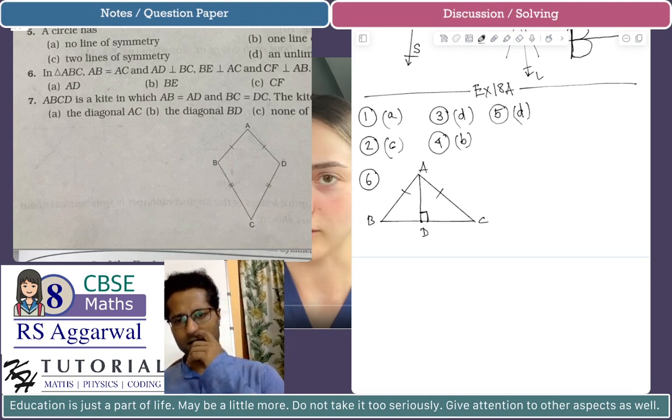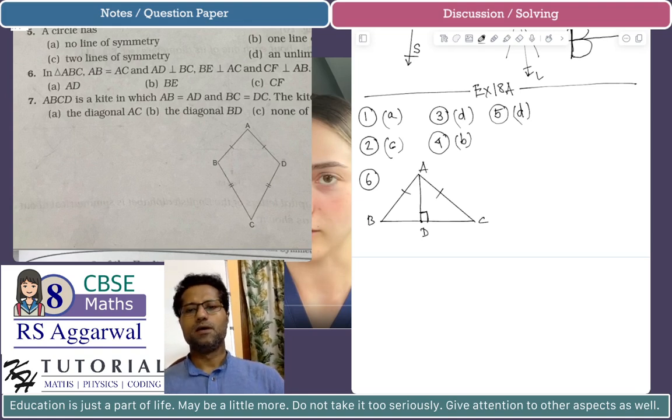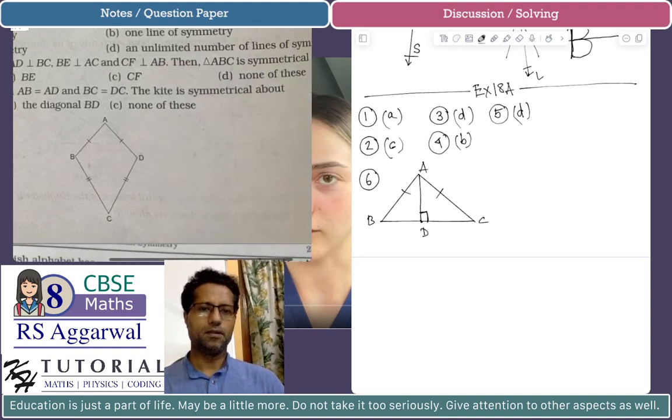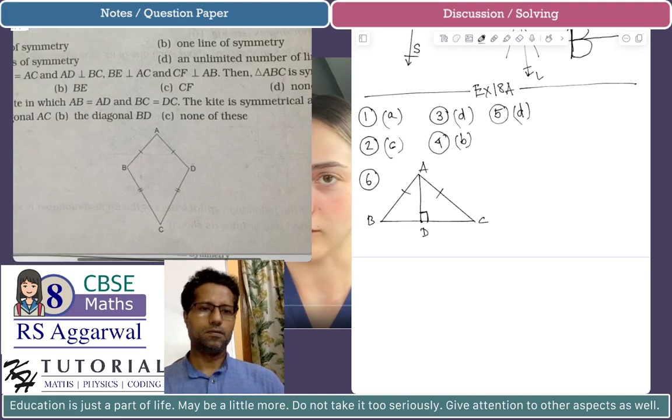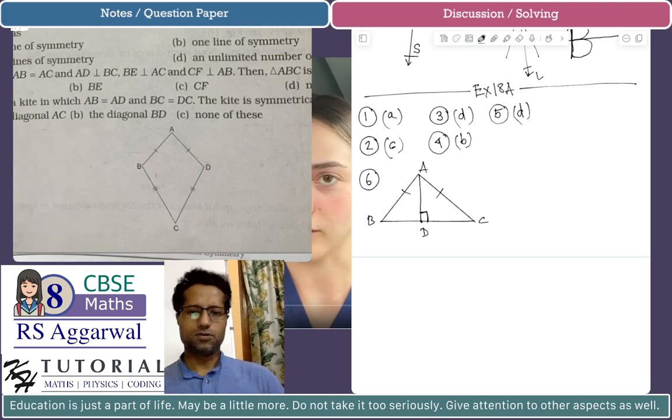If you draw the line perpendicular from vertex A on the side BC, that is the line AD. Also it is saying that if you draw BE perpendicular to AC, and CF perpendicular to AB, then ABC is symmetrical about. Okay. So BE is perpendicular to AC.